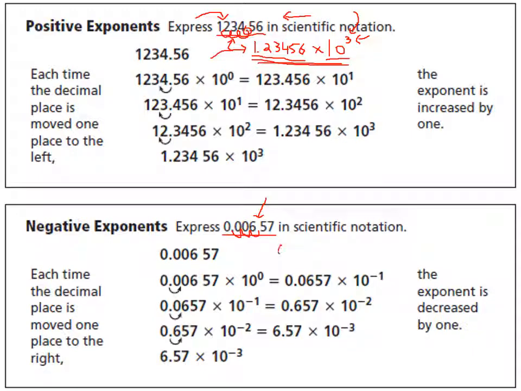When we do that, we get the coefficient 6.57, because our decimal is in between the 6 and the 5 now, times 10 to the power of 3. Now because we moved to the right, you make that a negative exponent. And so if you put this into the calculator, you'll get this number over here.